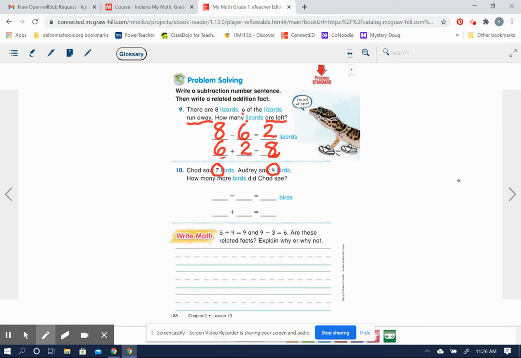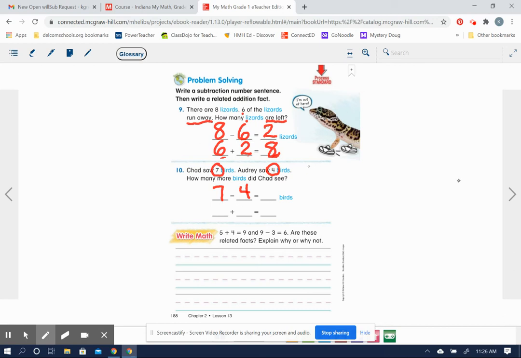So which is the bigger number of those two? Yeah, 7. Okay, so that's how many Chad saw, and Audrey saw only 4 of them. So Chad saw a certain number more than what Audrey did. So we're going to do the subtraction sentence here to see what that would be.